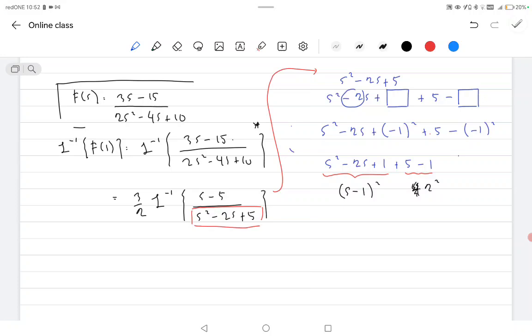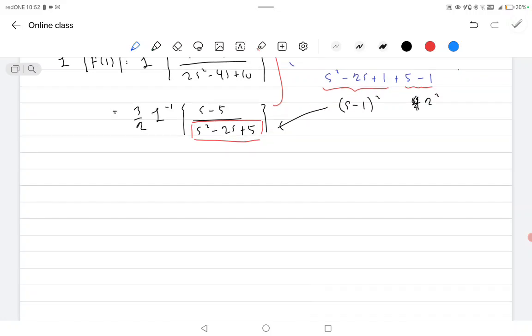So this one is similar to this one. So we can go back to our case, which is equal to 3 over 2 minus inverse Laplace of (s minus 5) over ((s minus 1) squared plus 2 squared).